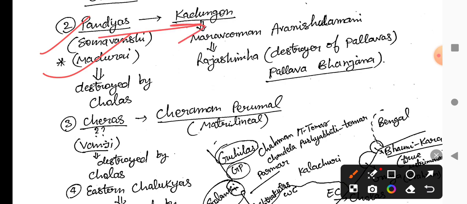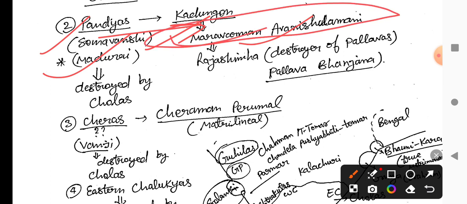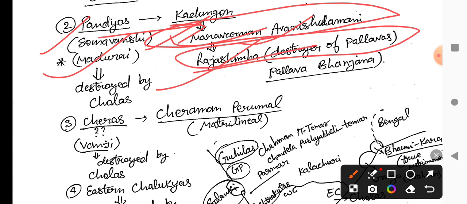Kadungon, then Maravarman Avanishulamani came. This is a complex pronunciation, so pronounce it as you like. After Maravarman, Rajasimha came, and he is known as the destroyer of the Pallavas, Pallavabhanjana.